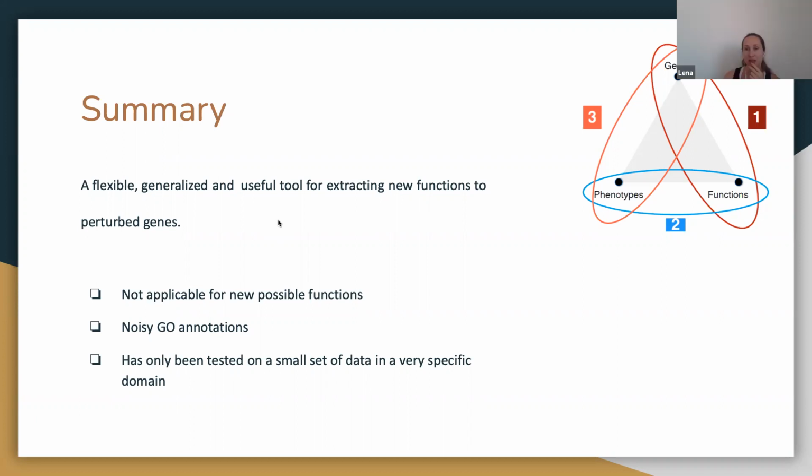This algorithm relies on the fact that it can distinguish between phenotypes and find a signature phenotype for a couple of genes that are associated with a certain function, like cell cycle. So if you don't find a certain phenotype when you knock down a gene, you can't connect it. It won't go into the classifier, I think, or the performance of the classifier won't be sufficient to participate in the whole algorithm.